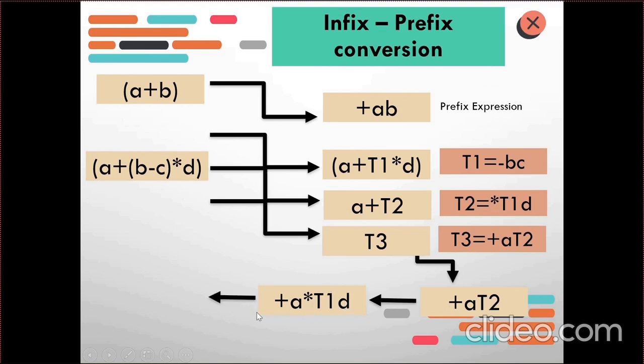The final step would be plus a and asterisk would remain as they are. Instead of t1 I will be writing minus bc. So minus bc here, and d is this d. So at the end of all this, we will have no t's. All the t's, t1, t2, t3, would be replaced by the actual partial prefix expressions to get the final prefix expression, right?